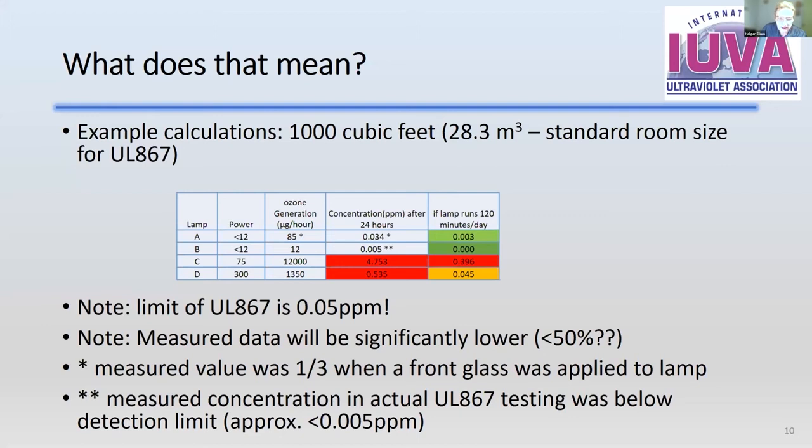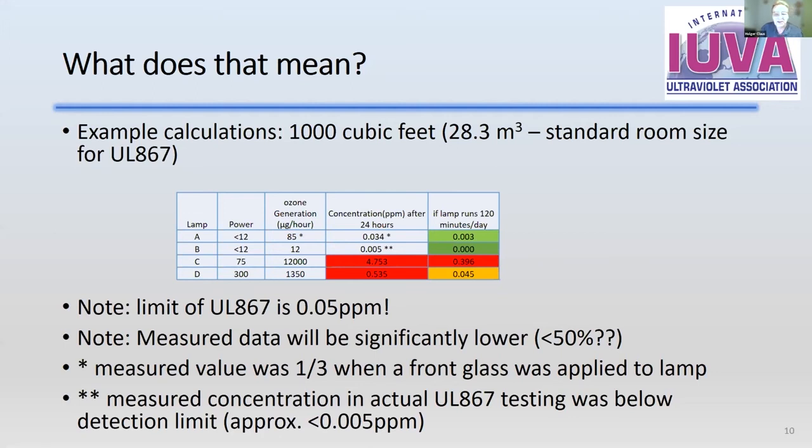Remember, in practical application, 0.05 ppm. This UL 867 standard sets the limit at 50 ppb. So if we take these two low power lamps, you see that the concentrations would be far below the limit of 50 ppb. But these higher power lamps can very much exceed these limits.